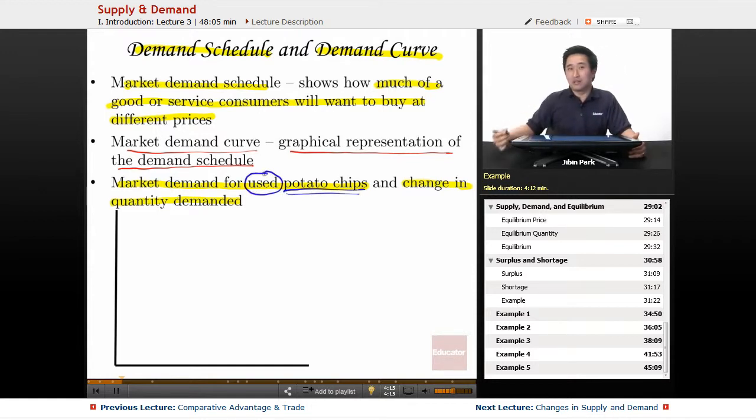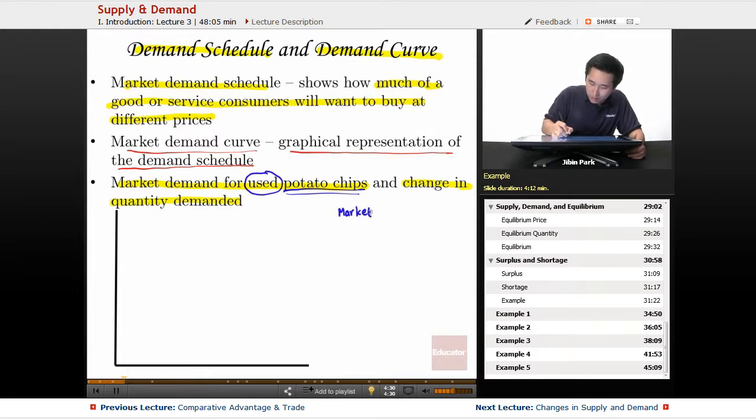There's not going to be a whole lot of demand for it, but just like any good or service, as price goes up, quantity demanded goes down, and as price goes down, quantity demanded goes up. So we're going to create a market demand schedule first for these used potato chips. Probably not going to be very appetizing.